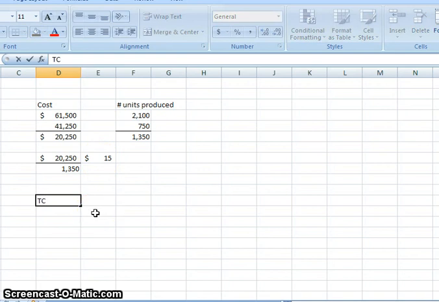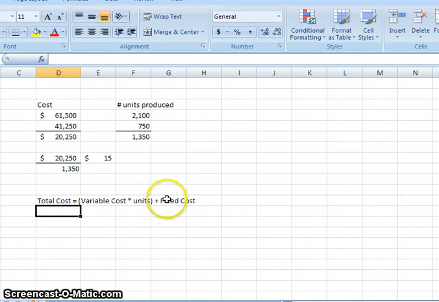So our total cost is equal to our variable cost times however many units are being produced, because it's $15 a unit for however many units, plus just the fixed cost, because the fixed cost doesn't change based on the number of units being produced.